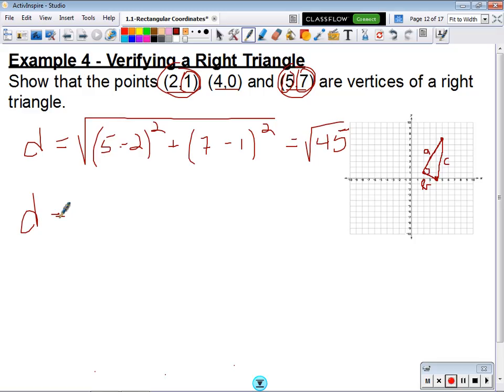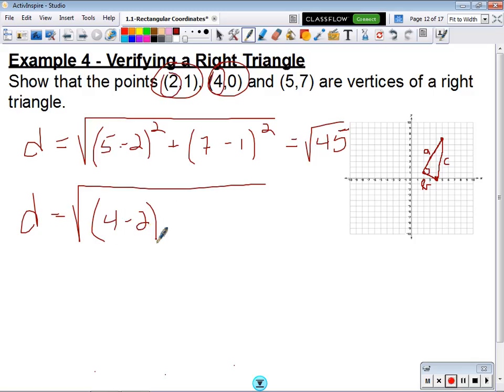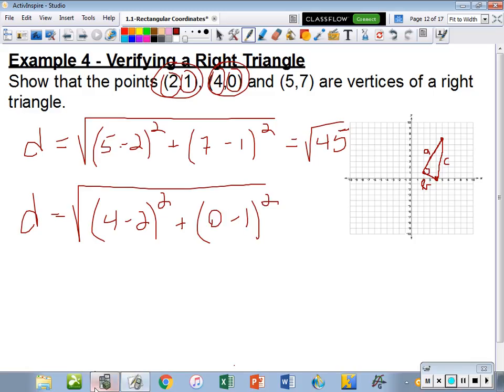So that's side A. Side B, I'm going to find by taking the length of the side from this point here to this point here. So when I go to do the square root here, first x2 minus x1, I have 4 minus 2 squared, plus y2 minus y1 squared, which would be 0 minus 1 squared. So once again, I'm going to use my calculator here.